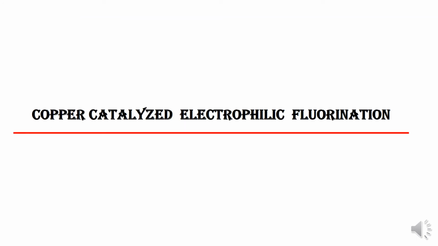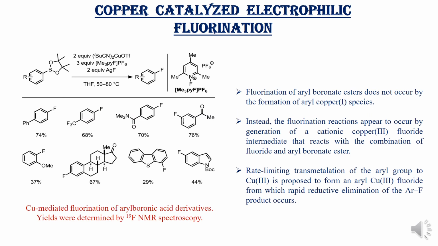As far as platinum is concerned, after platinum, copper was also used for the catalysis of the electrophilic fluorination reaction. This was the reaction that is carried out using copper as catalyst: fluorination of aryl boronate esters that will undergo electrophilic fluorination to get the aryl fluoride compounds.